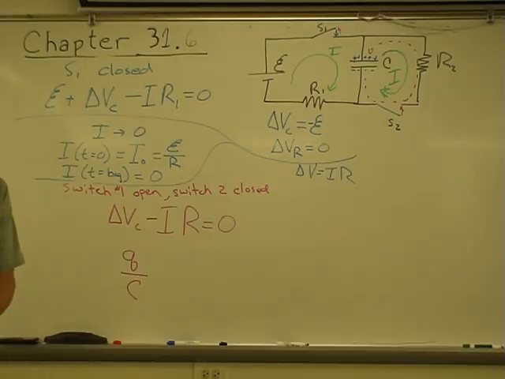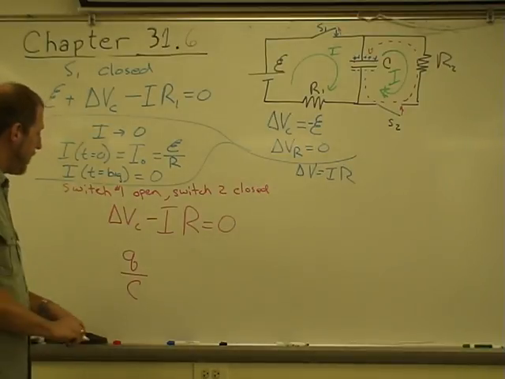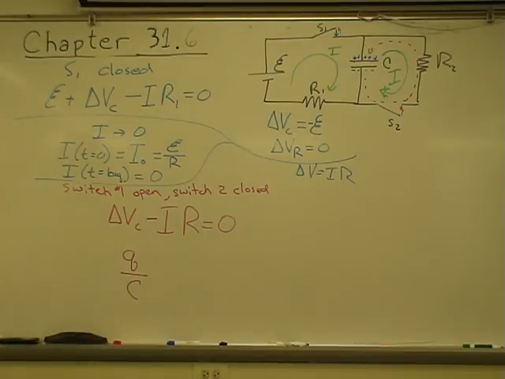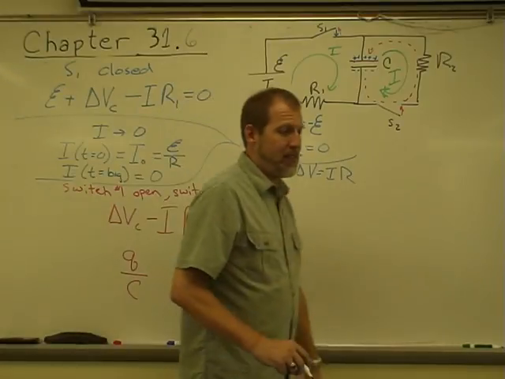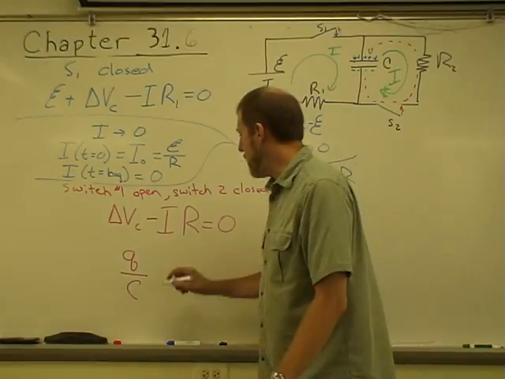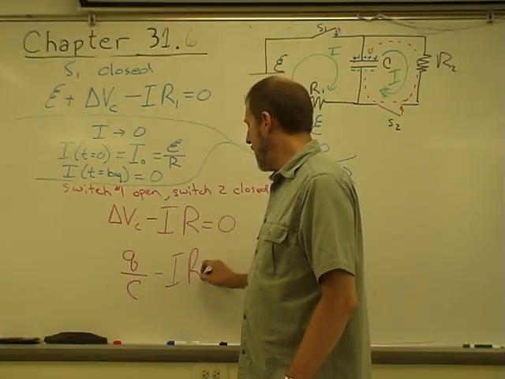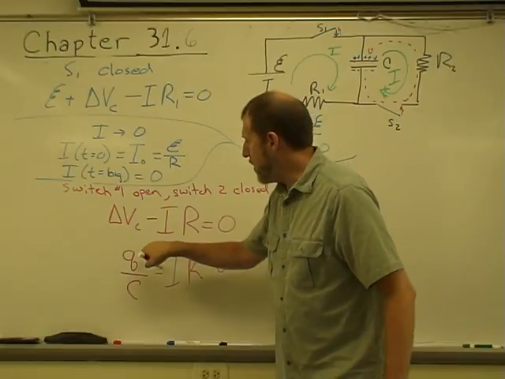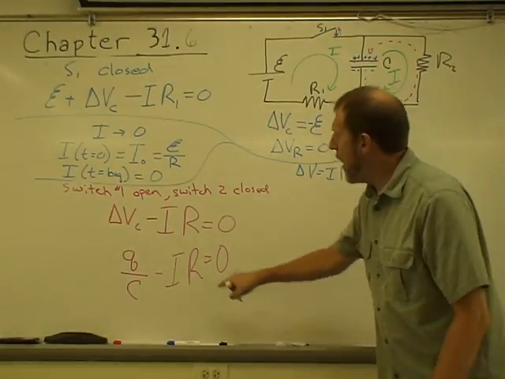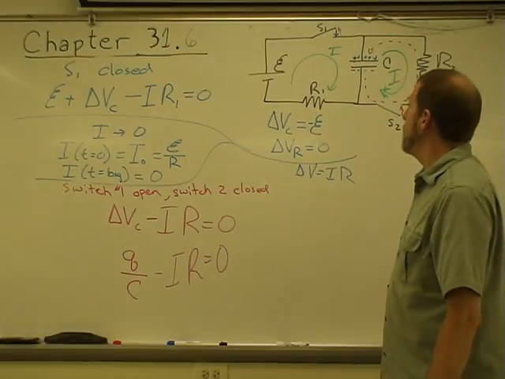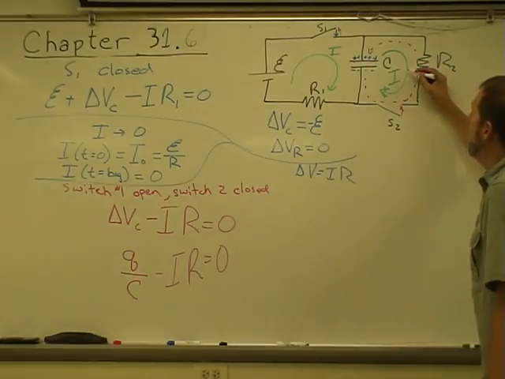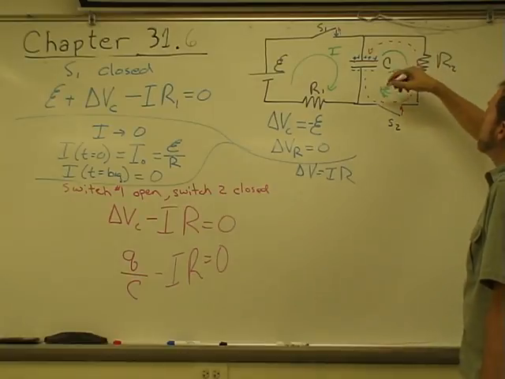Typically we use uppercase letters for fixed quantities; if it can vary with time, we'll typically use a lowercase letter, for less emphasis. Now, minus I times R, but I've got Q varying over time and current varying over time, because the current will start at a high value but die to nothing as the charge spreads back out.